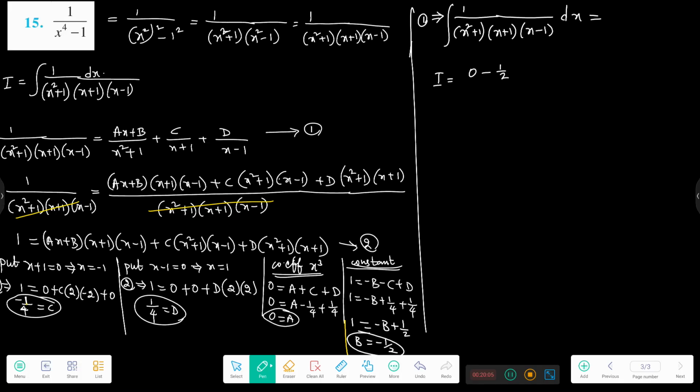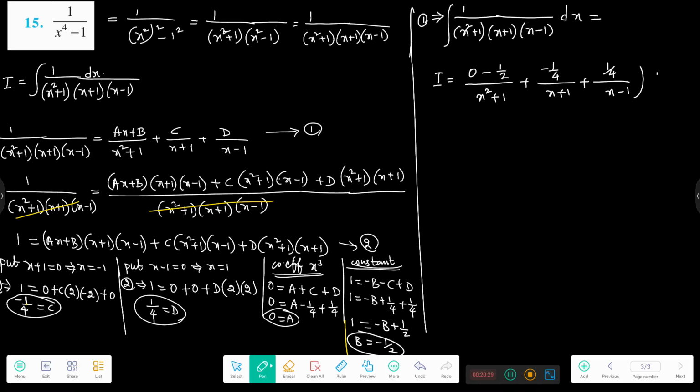So minus 1 by 2 divided by x square plus 1. Next, C value, what? Minus 1 divided by 4 whole divided by x plus 1, plus D value we have here 1 by 4 divided by x minus 1.